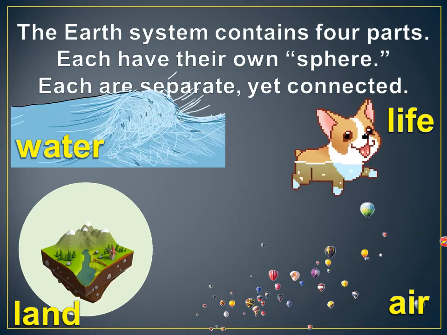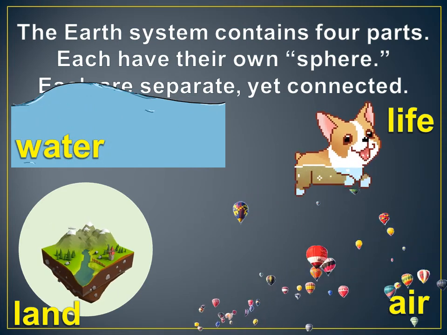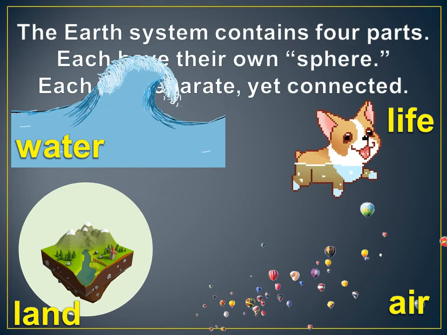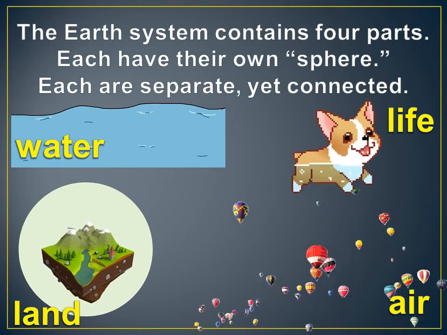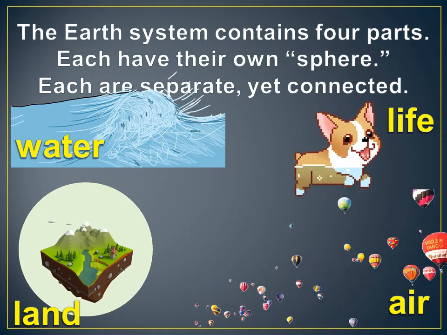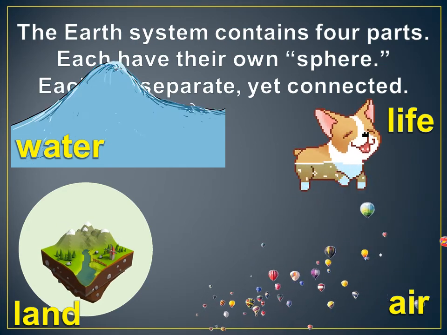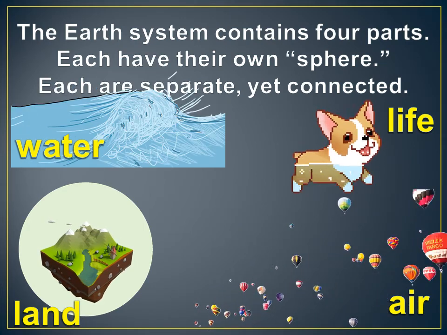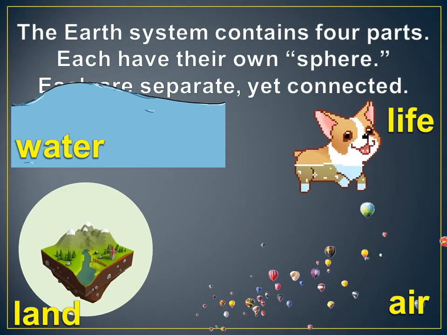We need land and air to survive. Likewise, we have an effect on water and land. Now think about it. Keep that in the back of your mind, because we're going to come back to that relationship between life and these different spheres of the Earth.